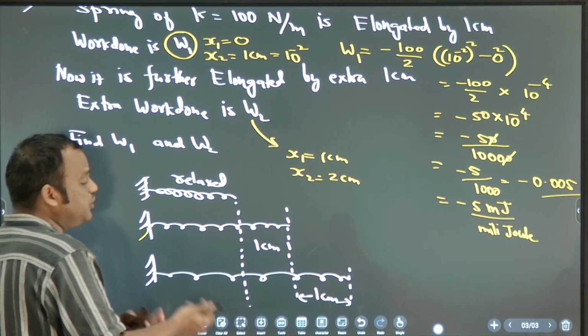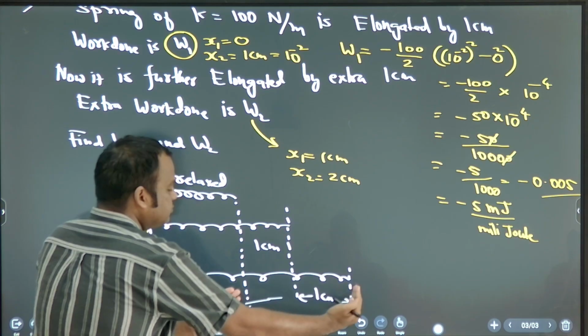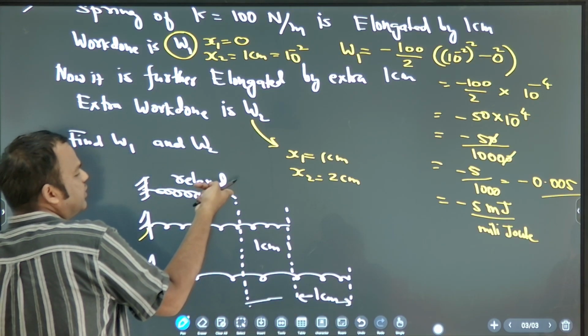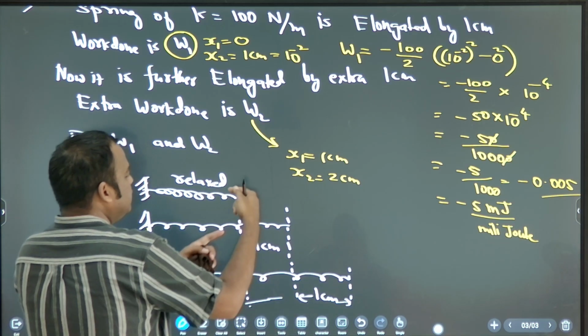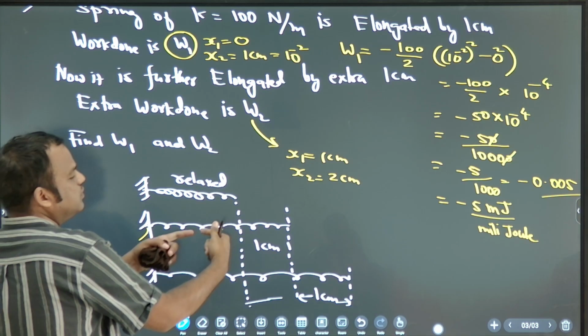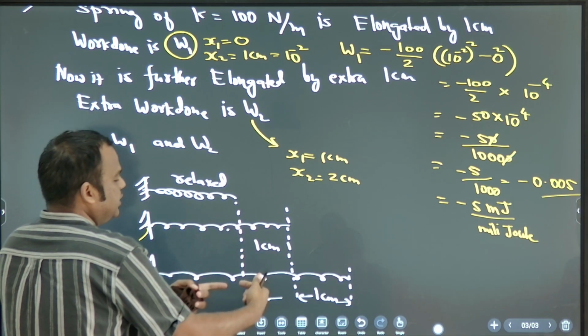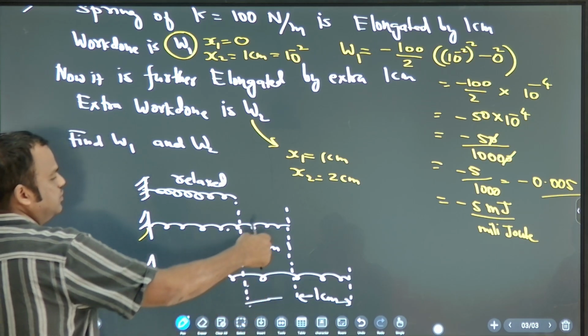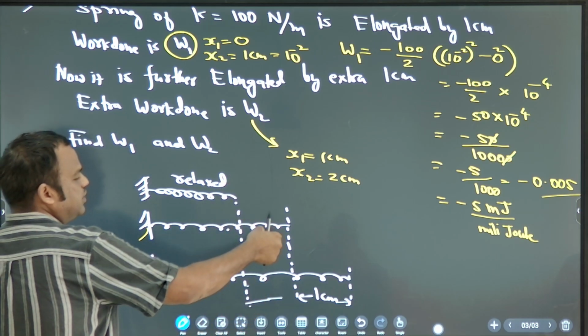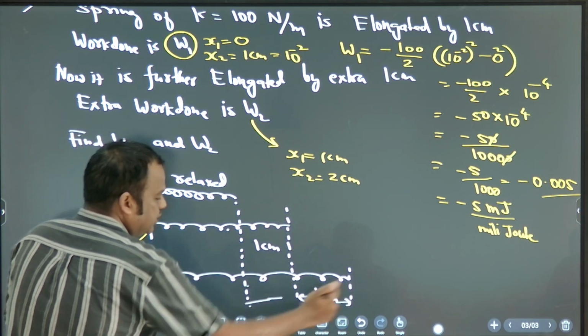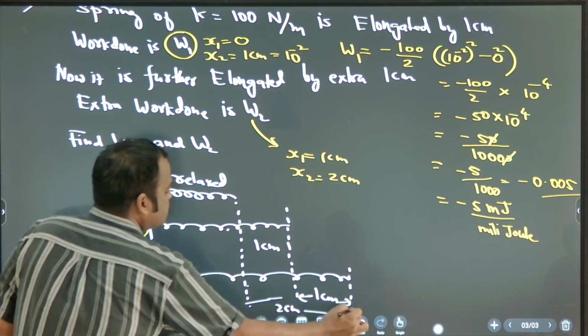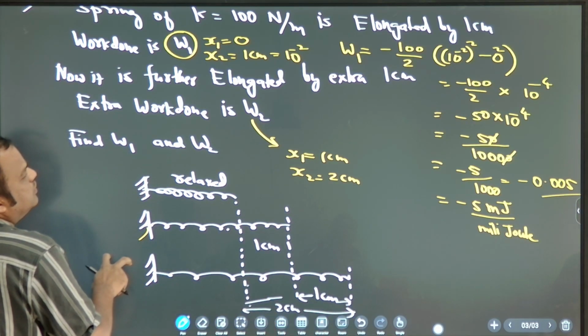So what is the new elongation? 2 centimeter. Okay. 0 elongation, 1 centimeter elongation, 2 centimeter elongation. So here to here is W1, here to here is W2. When you take from 0 to 1 centimeter, it is W1, and 1 centimeter to 2 centimeter elongation is W2. Correct? Fine, good.